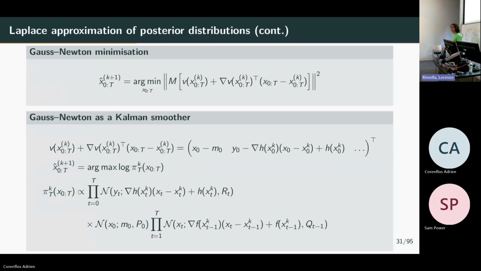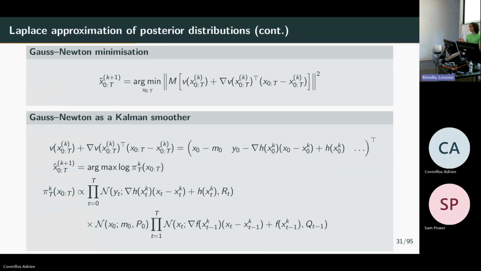It's a bit convoluted, at least I explained it in a convoluted fashion. Sorry about that. But you say, I want to solve the least square, I write the Gauss-Newton, I realize it's a linear Gaussian state space model of which I want to find the maximum a posteriori.